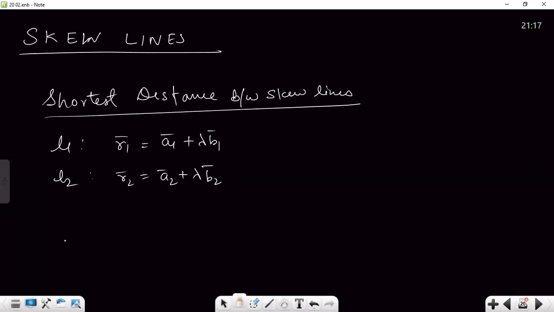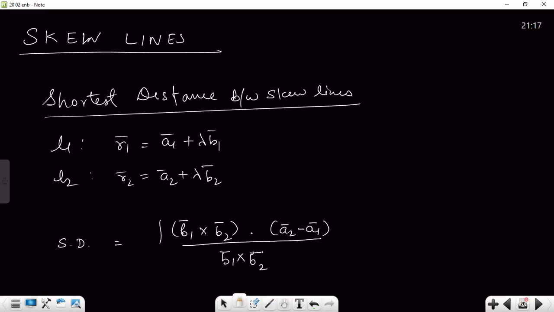Now the shortest distance between these two lines is given by this formula: B1 cross B2 dot product with (A2 minus A1), divided by the magnitude of B1 vector cross B2 vector. This is the formula.